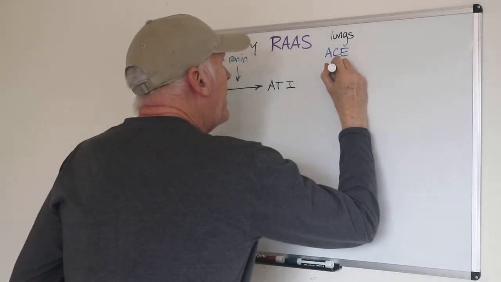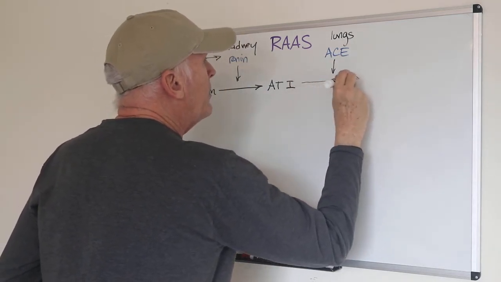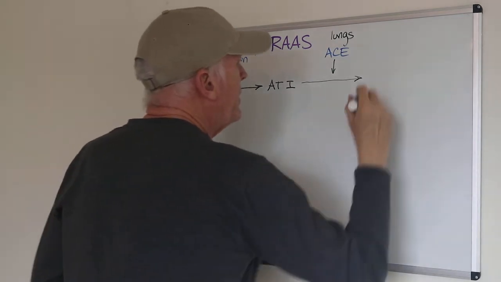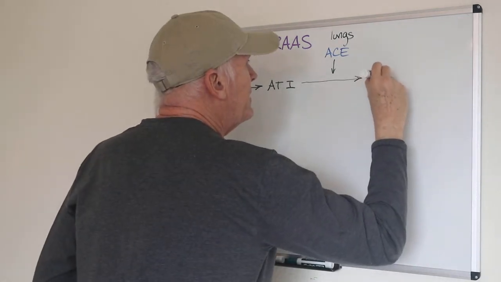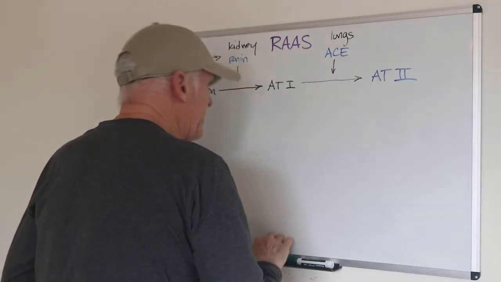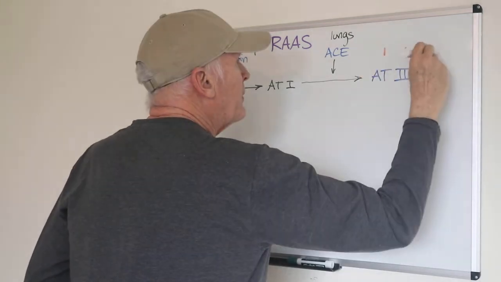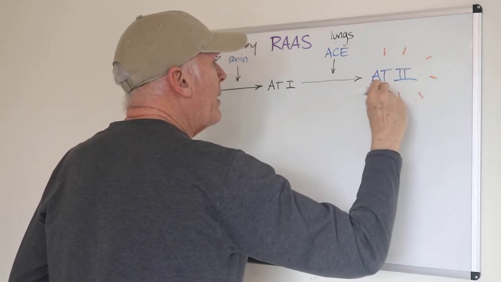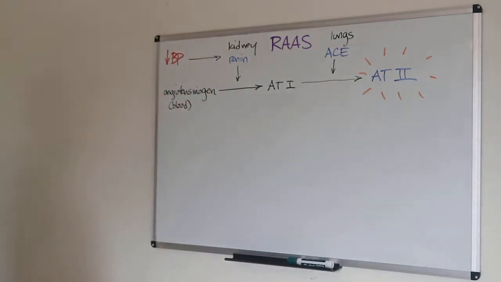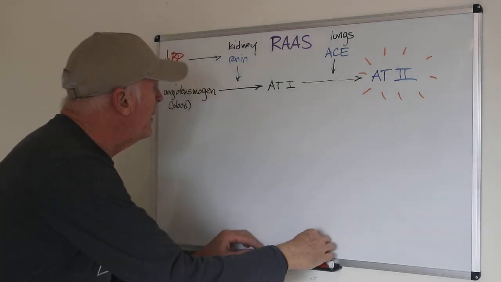So ACE in the lungs is going to convert angiotensin 1 into angiotensin 2, AT2. And oh my God, angiotensin 2, this is now when the magic happens. Let's put little orange sparkles all around it, because this is going to cause all kinds of things to start happening.